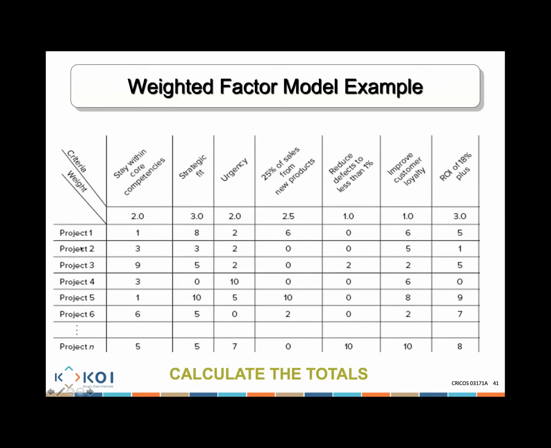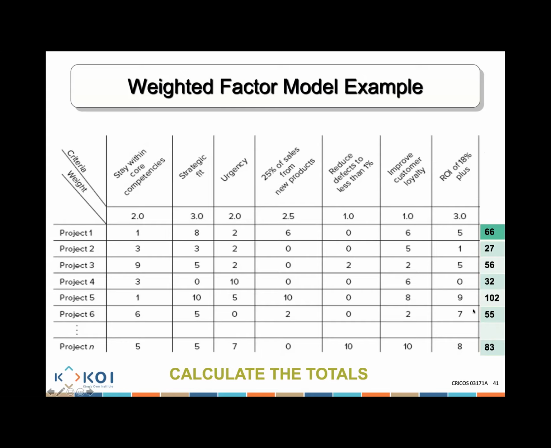For this one, 2 multiply 3 plus 3 multiply 3 plus 2 multiply 2 plus 2.5 multiply 0 plus 1 multiply 0 plus 1 multiply 5 plus 3 multiply 1 will give me the total for this project. So when I use this criteria and this weight and the evaluation of each project and start multiplying my evaluation per importance factor, I'll be able to get the totals of all of these various projects.